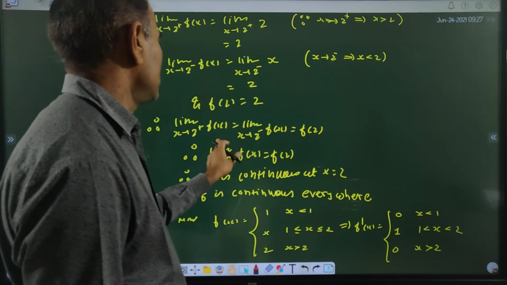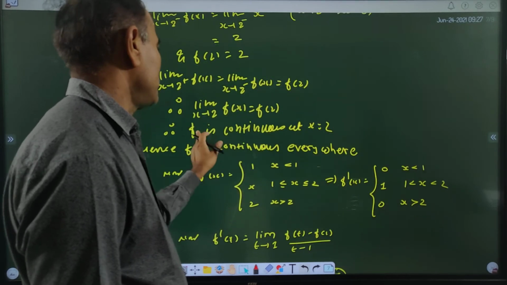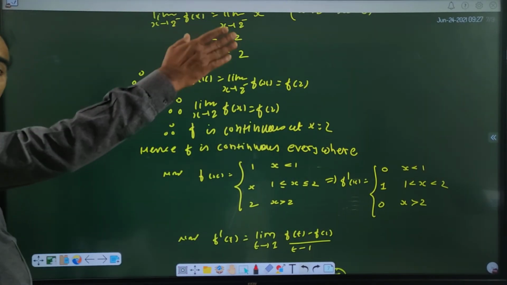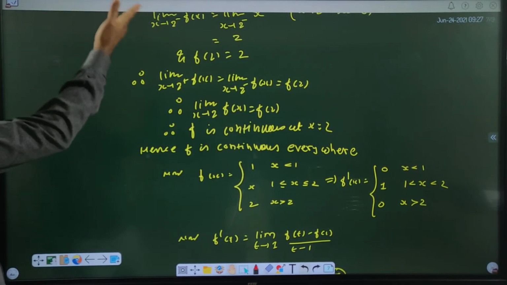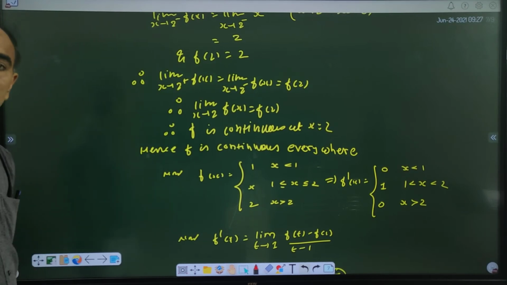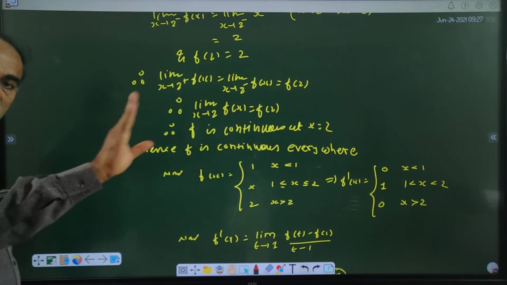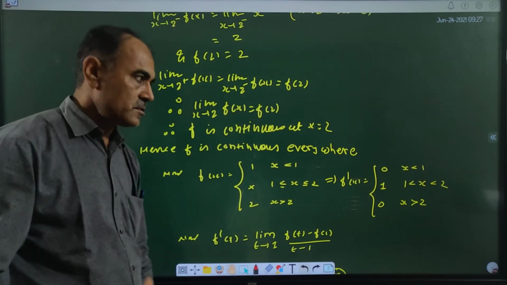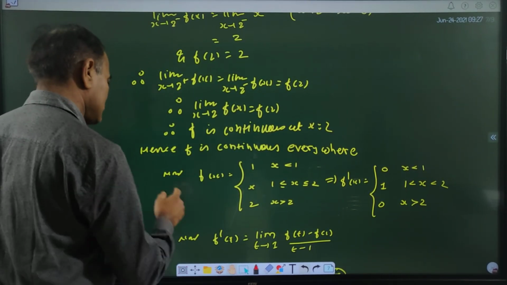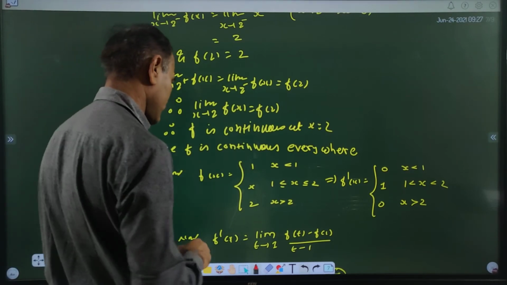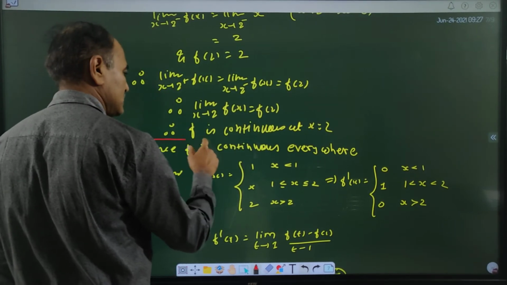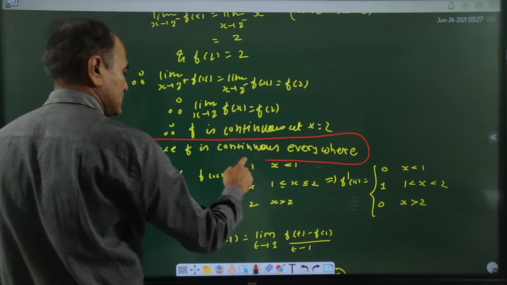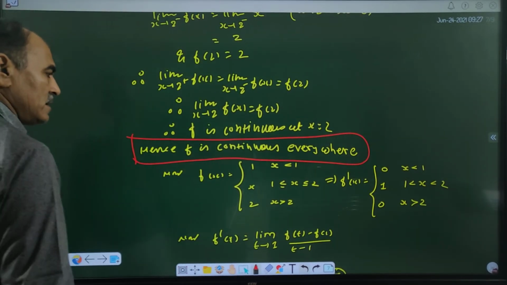Same way, f is continuous at 2 as well as at 1. And previously you already saw that in 2 cases it is a constant function, so it is continuous, and in one part it is linear, so it is continuous. So we can mention this line: hence f is continuous everywhere.